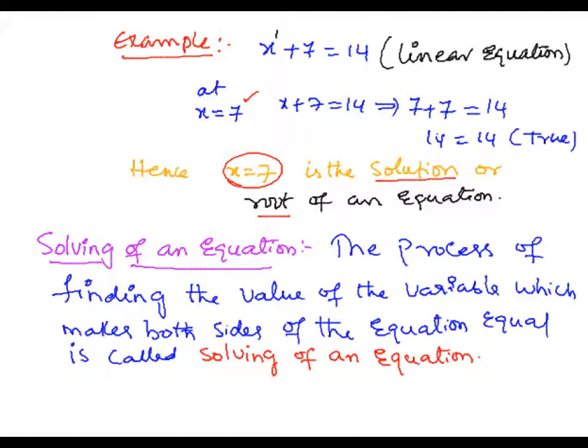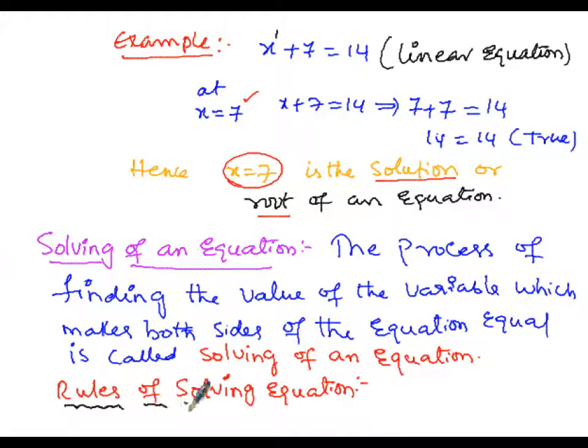Now the rules of solving equations. There are 4 rules. We can solve an equation either by adding the same quantity on both sides, or by subtracting the same quantity on either side of the equation, or by multiplying the same quantity on both sides, or by dividing by the same quantity on both sides.